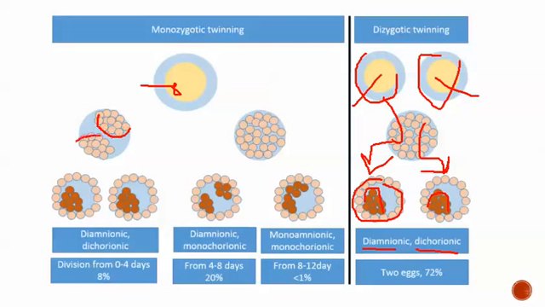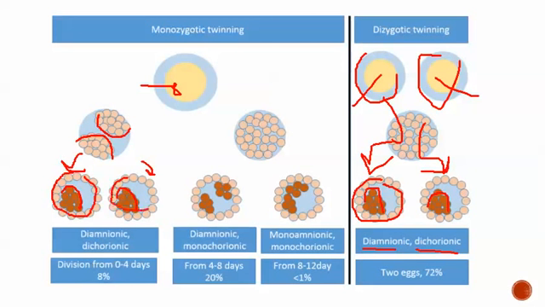And then you can have another covering of these cells, and then you'll have the two different chorions, right? So if you split really early on, in the very earliest morula stage, then you divide up and you have two different amnions, right? Two different coverings of the earliest cells, and then two different chorions.